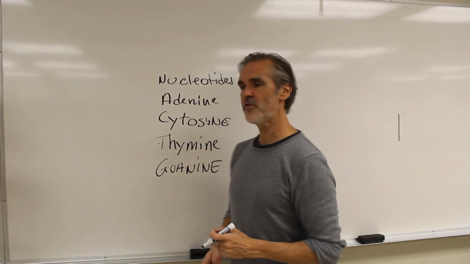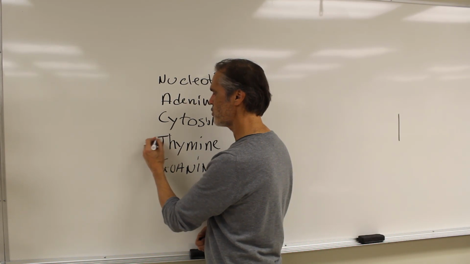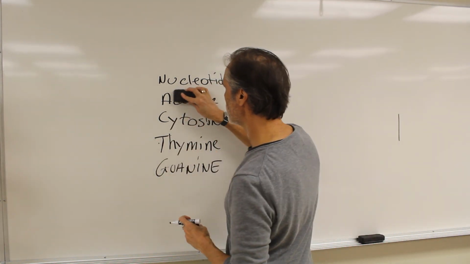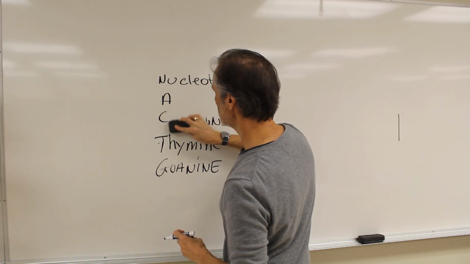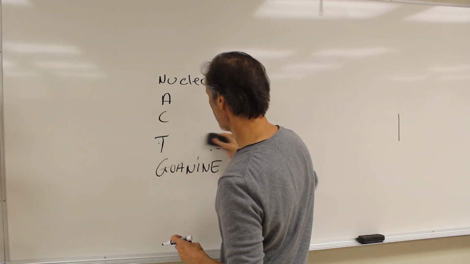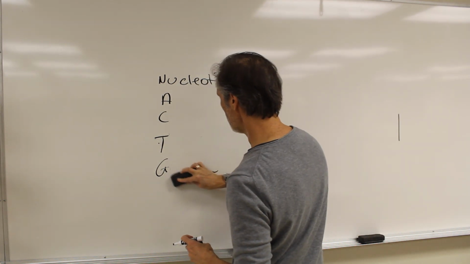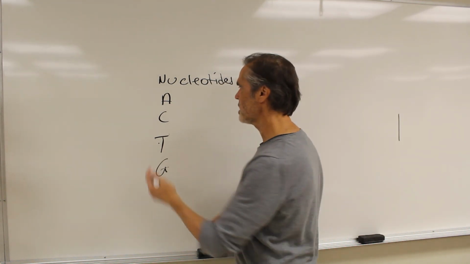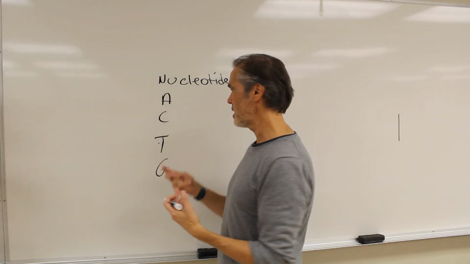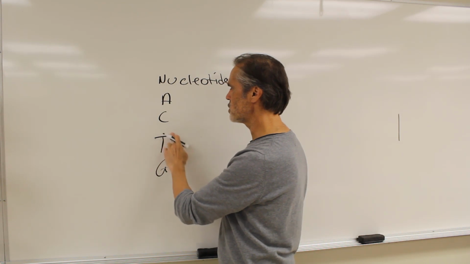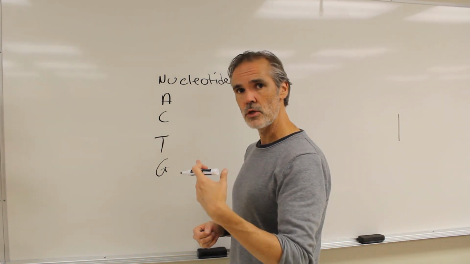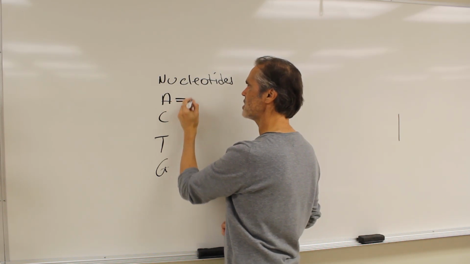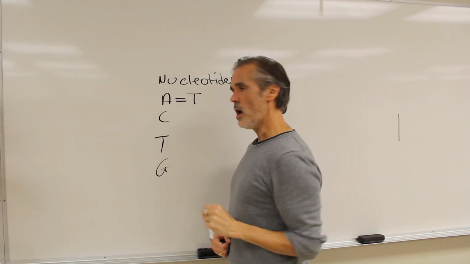Of course, when we're referring to DNA, we rarely name every single one of those nucleotides. So basically these nucleotides go by their first letters, right? When you're talking about DNA, we'll often talk about the A's, the C's, the T's, and the G's, but you know now that they refer to these nucleotides. Now, the other thing that you probably remember is that adenine always interacts with thymine through 2 hydrogen bonds.